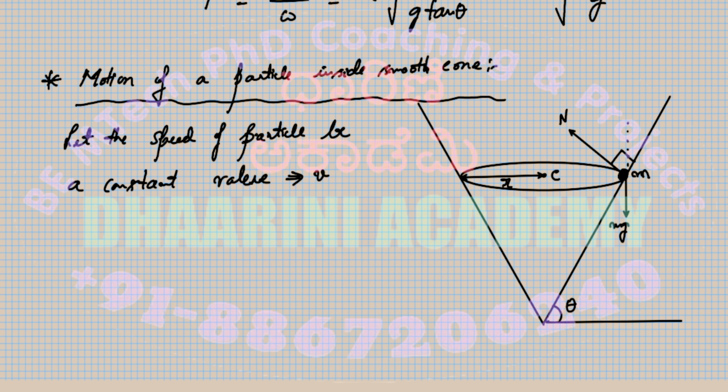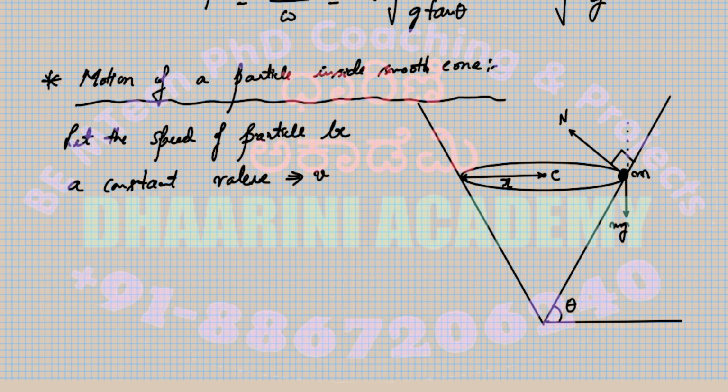So what is the ultimate concept? The ultimate concept still remains the same as in our previous case. The net force in the vertical tangential direction should be equal to 0, and I have to consider the vertical tangential direction and the horizontal radial direction and make sure that the net force is equal to 0.